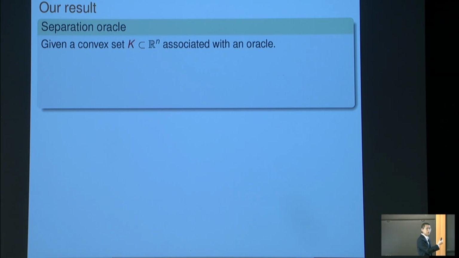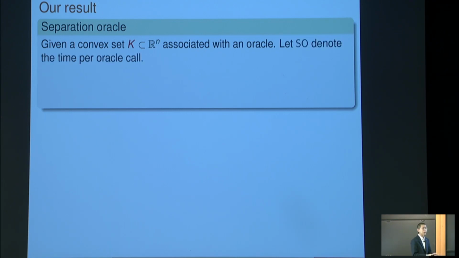Here is a more concrete example of how we use this convex oracle to cut my convex region and eventually find a point for you. I give you a convex set K associated with the oracle.